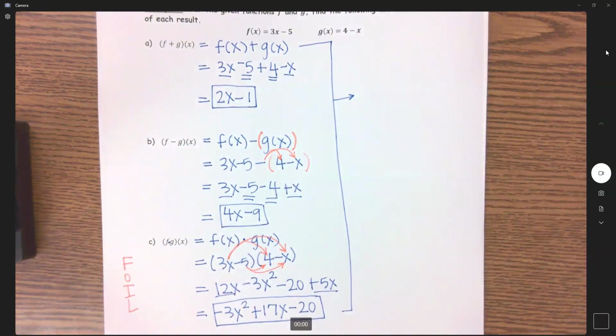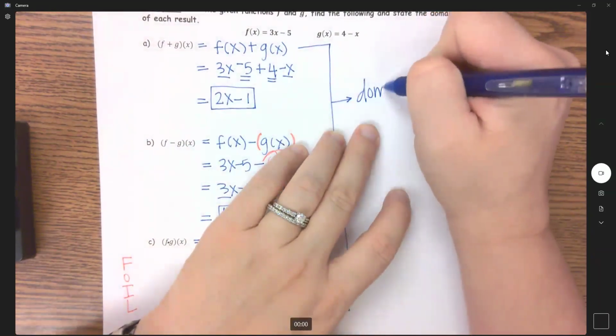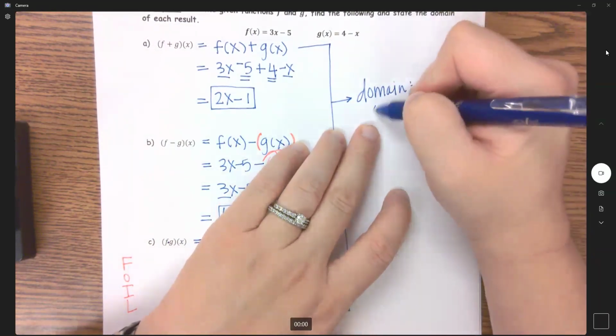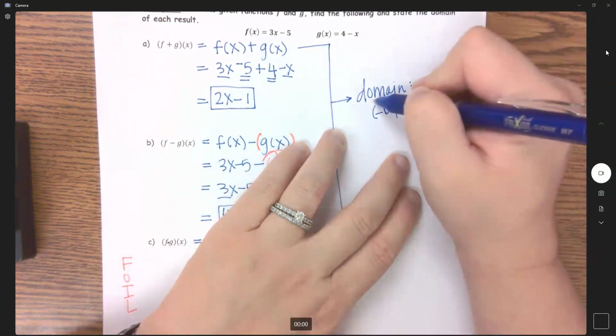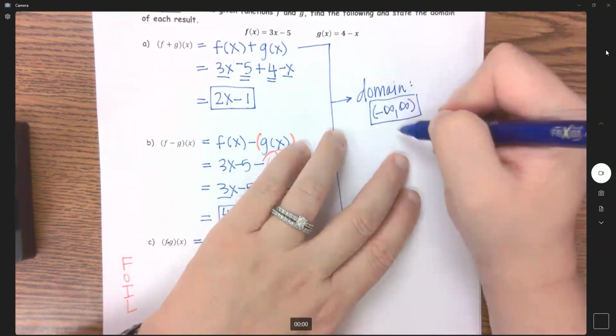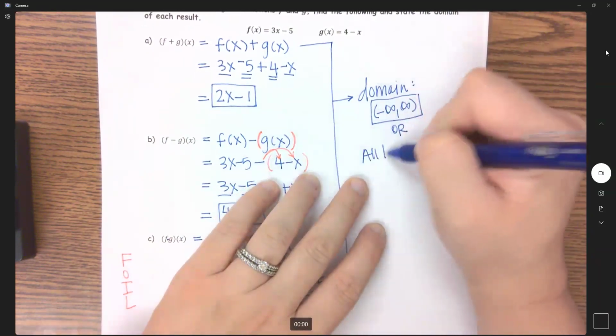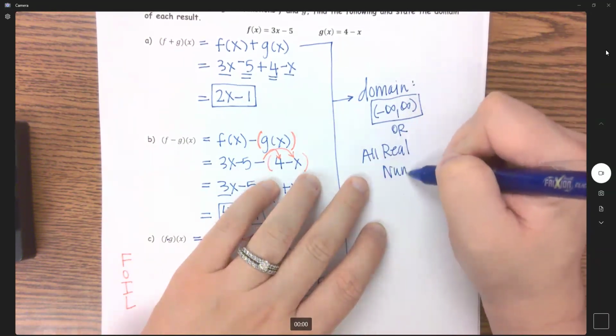So all three of these, A, B, and C, have a domain of negative infinity to infinity, which is the same as saying that it is all real numbers.